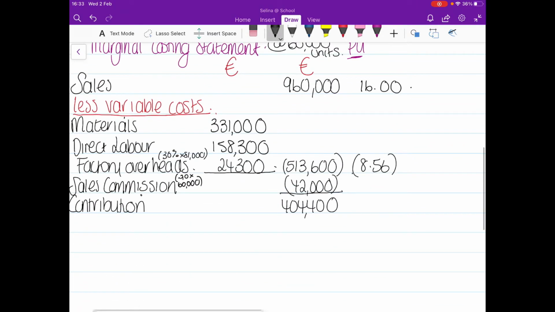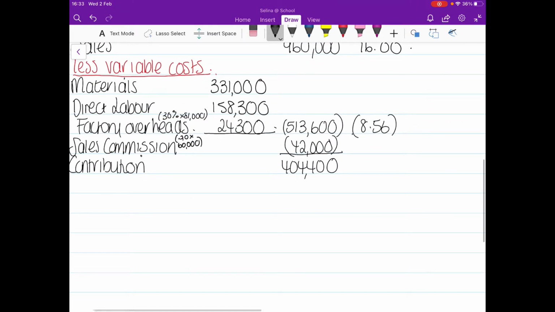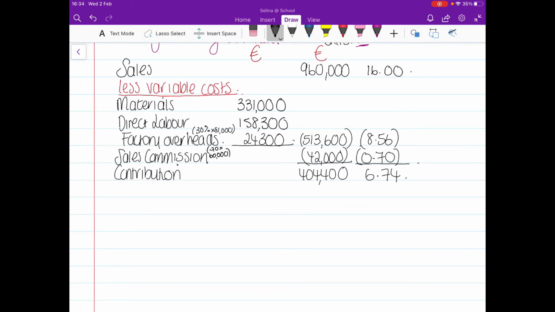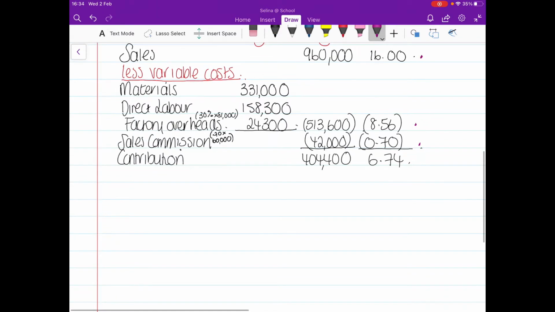And your 42,000 divided by 60,000 gives us the 70 cent. We're already told the unit cost of that, so 0.70. That gives me a contribution per unit of €6.74, which is your €16 minus your 8.56 minus your 70 cent. Now we're going to go in with our fixed costs, so less fixed costs.